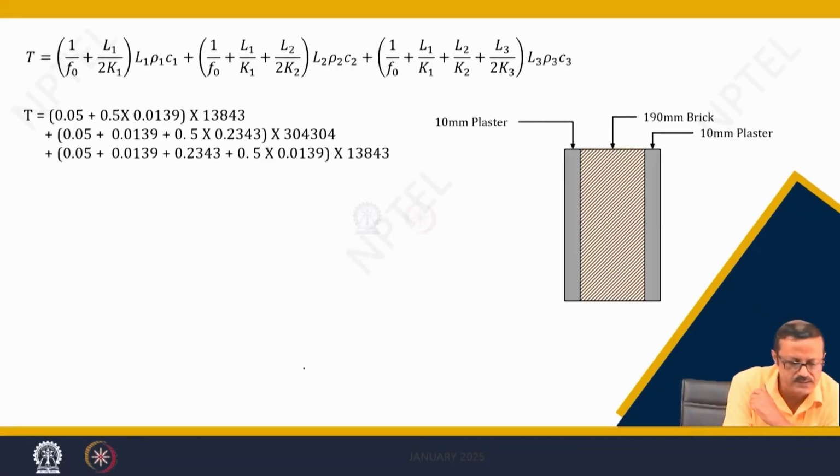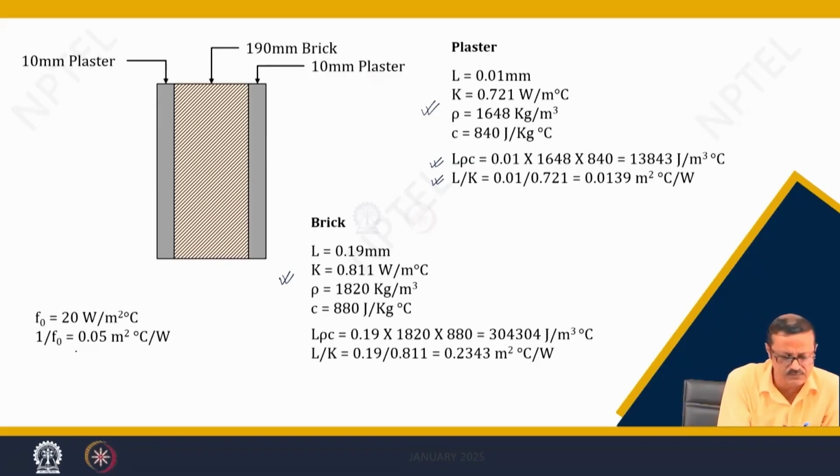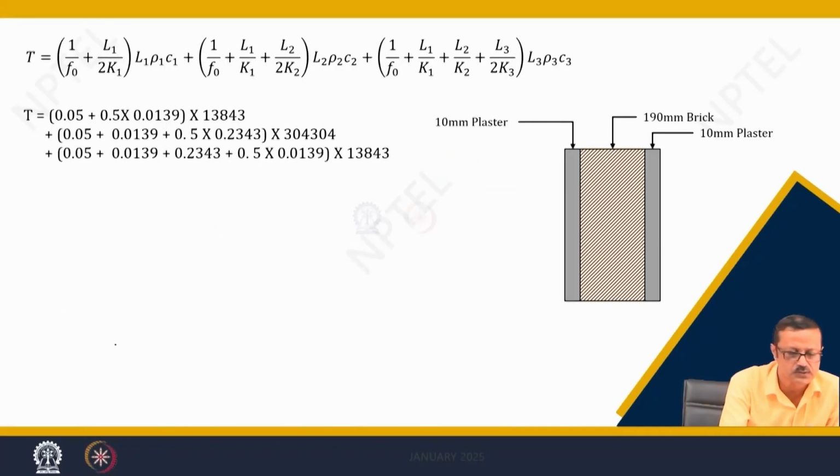In the first case, this 0.05 is nothing but the 1 upon F naught, so that is constant for all the bracketed terms. The first one is 0.5 times this L by K, in the second case it is 0.5 times this L by K, and in the third case 0.5 times L by K. In the second term there is L1 by K1, and in the third term there is L1 by K1 and L2 by K2.